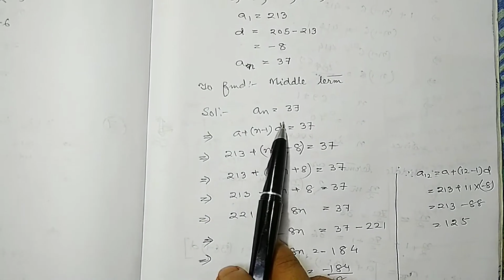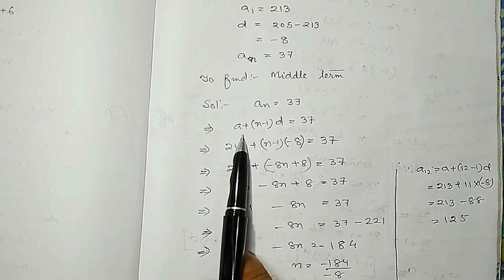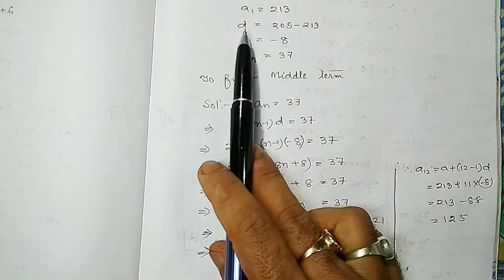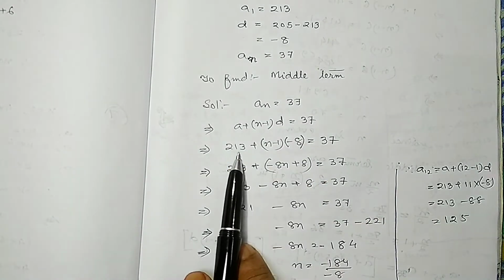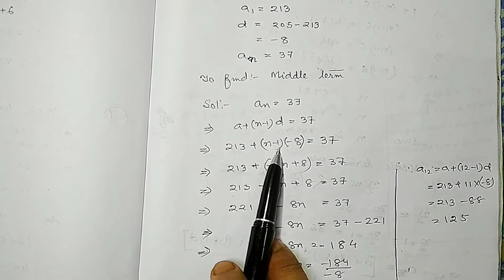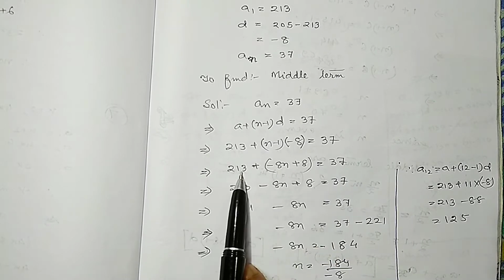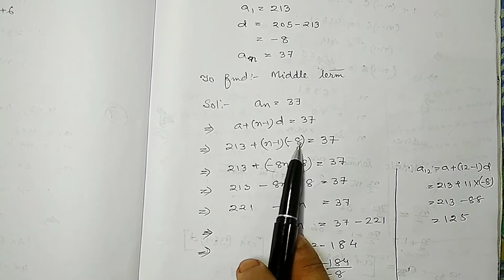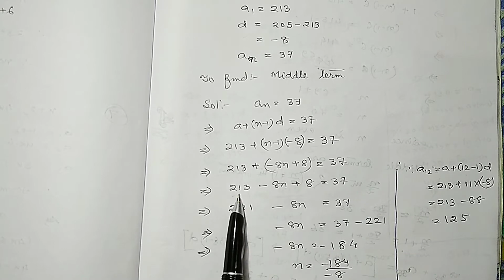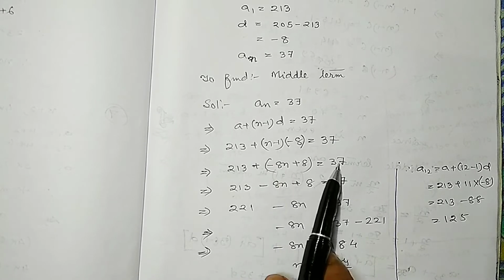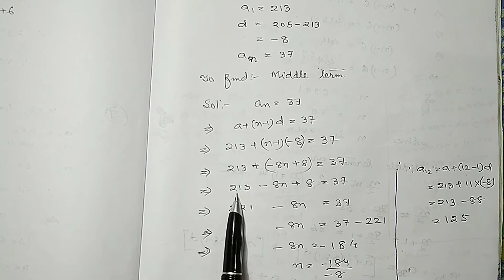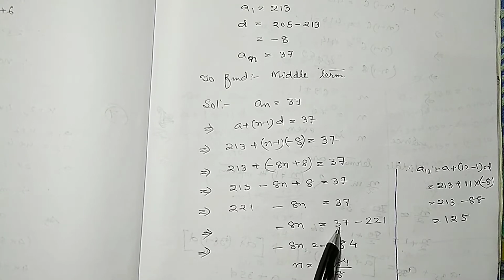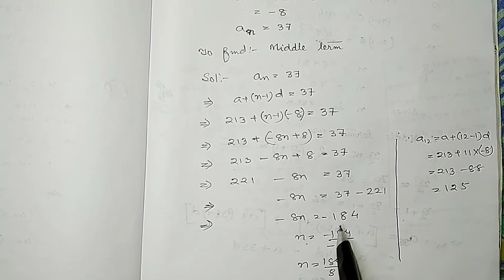Fine. So the nth term here is 37. The formula is known to you: a plus (n minus 1) into d is 37. a is 213 here and d is minus 8. So 213 plus (n minus 1) times minus 8 is 37. 213 minus 8n plus 8 equals 37. 213 plus 8 is 221, so 221 minus 8n is 37, minus 8n is 37 minus 221, so minus 8n equals minus 184.